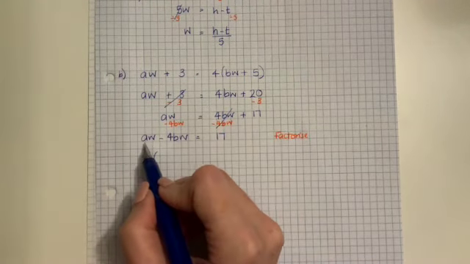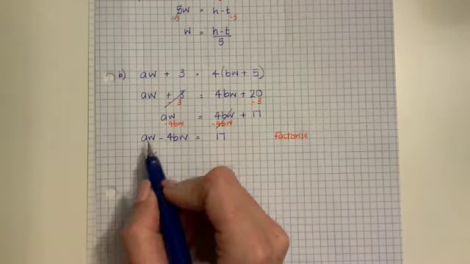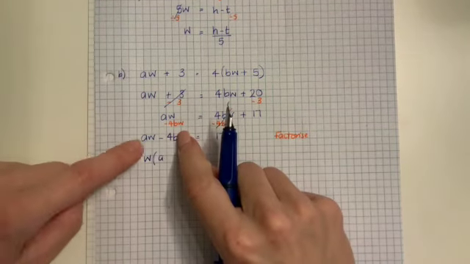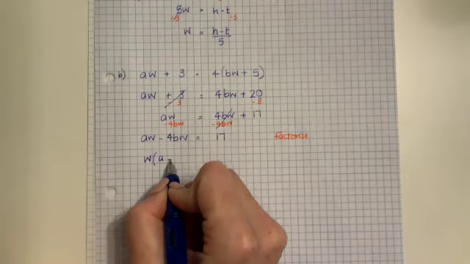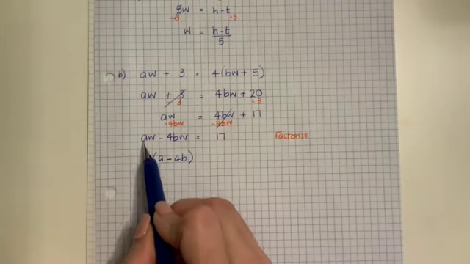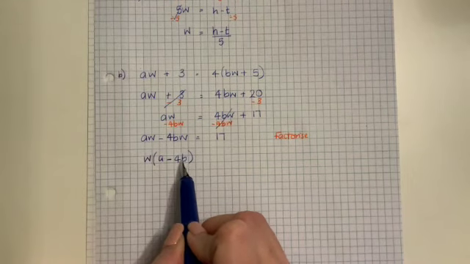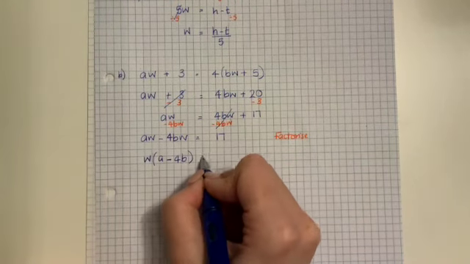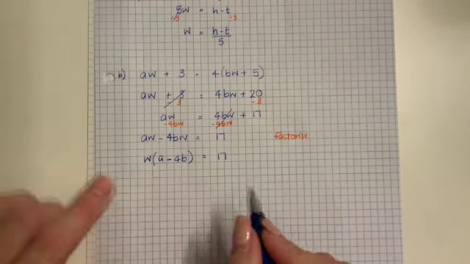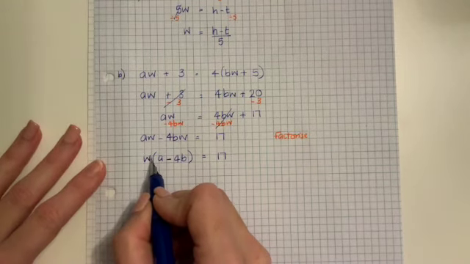Let's have a look. The first part I wanted aw, so I'm just left with a. Basically I've taken the w out of each of them. Take away 4b. W times a gives me aw. W times 4b gives me 4bw. Equals 17. To get rid of this now, there's an invisible multiply sign in here.